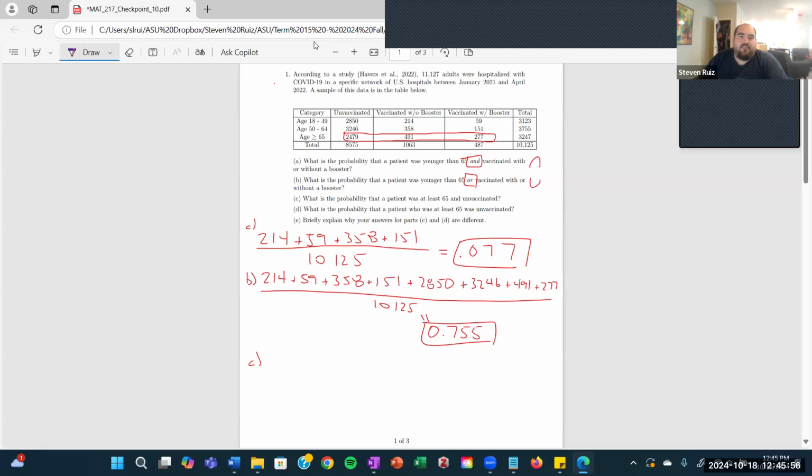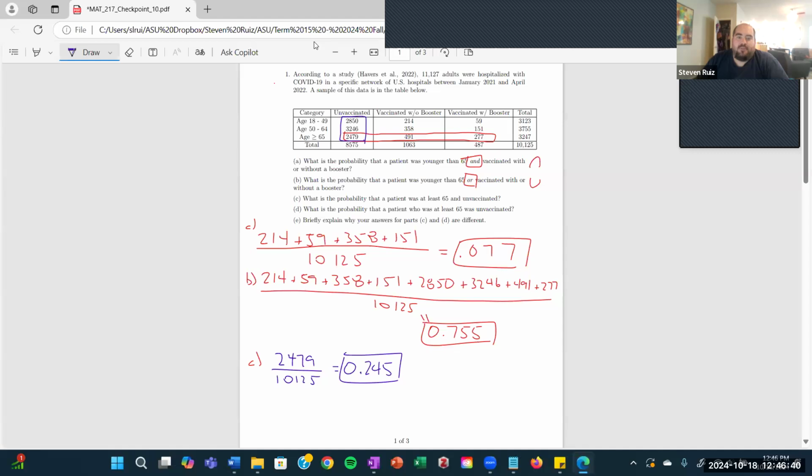So let's identify the unvaccinated part of the sample, and I care about the N. So I'm looking specifically at one cell, basically the intersection of those two sets. So my probability is 2479 over 10,125. Much faster calculation. 0.245.